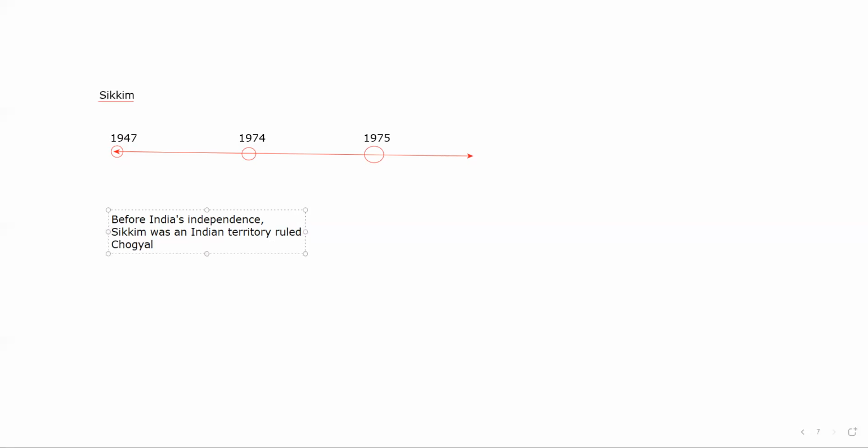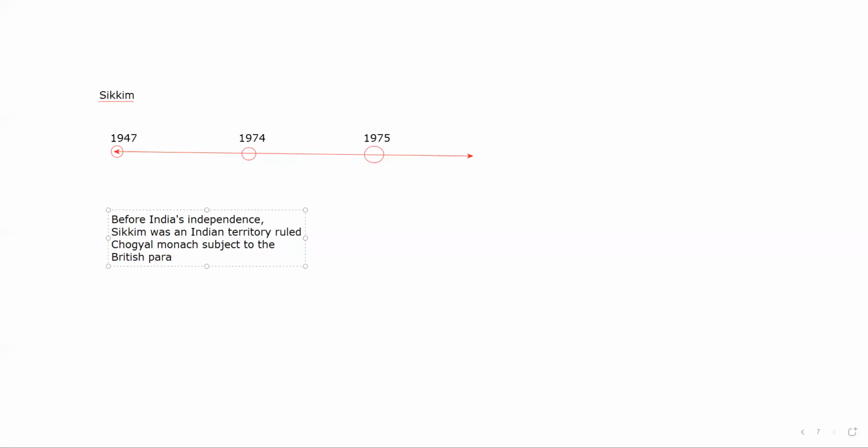Chogyal was the monarch there, subject to the British paramountcy, means subordinate to Britain.